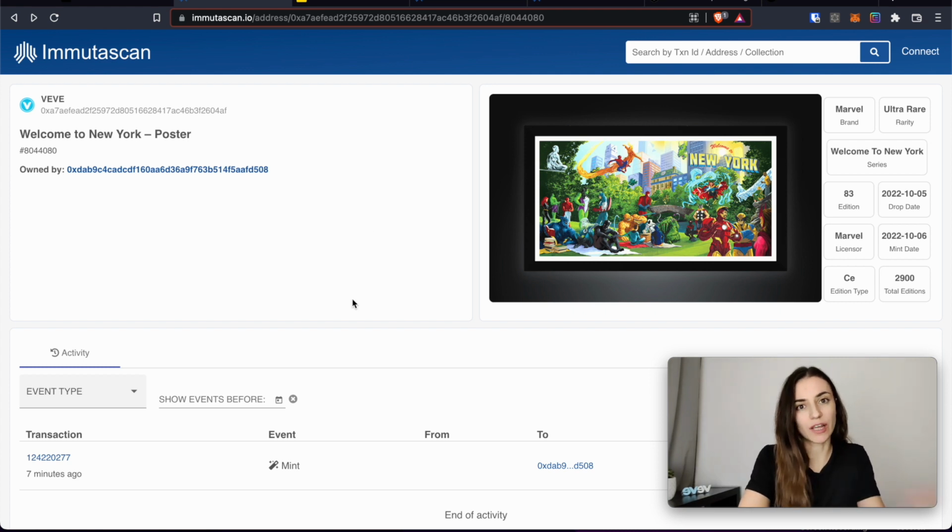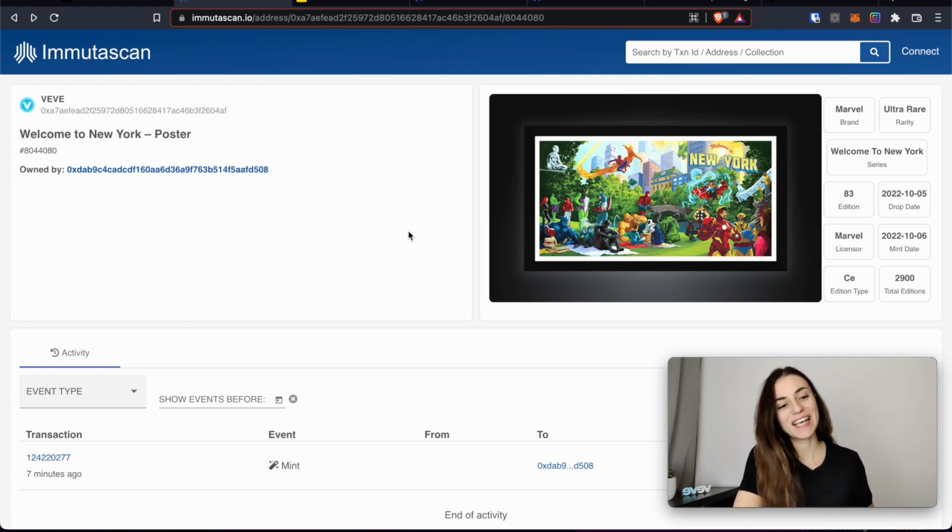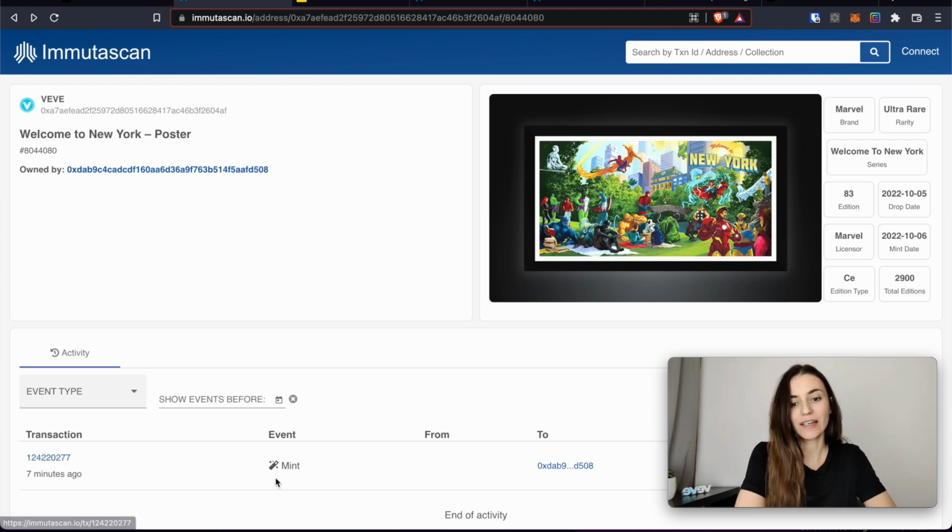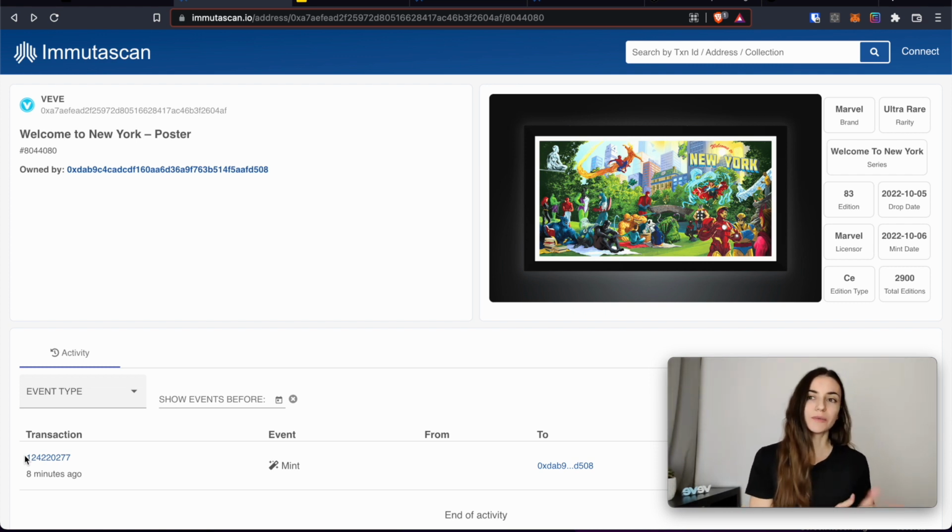The remint of those collectibles, such as Todd, for example, which was the first collectible on Veve, but also all the golden moments, which dropped early December, they were all reminted on the same day, on December 15th. So their mint date on the blockchain, on the mint transaction, will actually be December 15th. And here is where the issue would be for people that really value the fact that some collectibles are first on the blockchain.